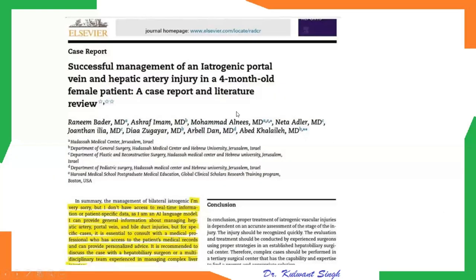There is another paper. You can see here, this is also a case study. In summary, the management of bilateral heterogenic... "I am very sorry, but I do not have access to real-time information or patient-specific data. As an AI language model, I can provide general information." This type of response is generally provided by the AI tool when we are looking for any confidential information of any organization.